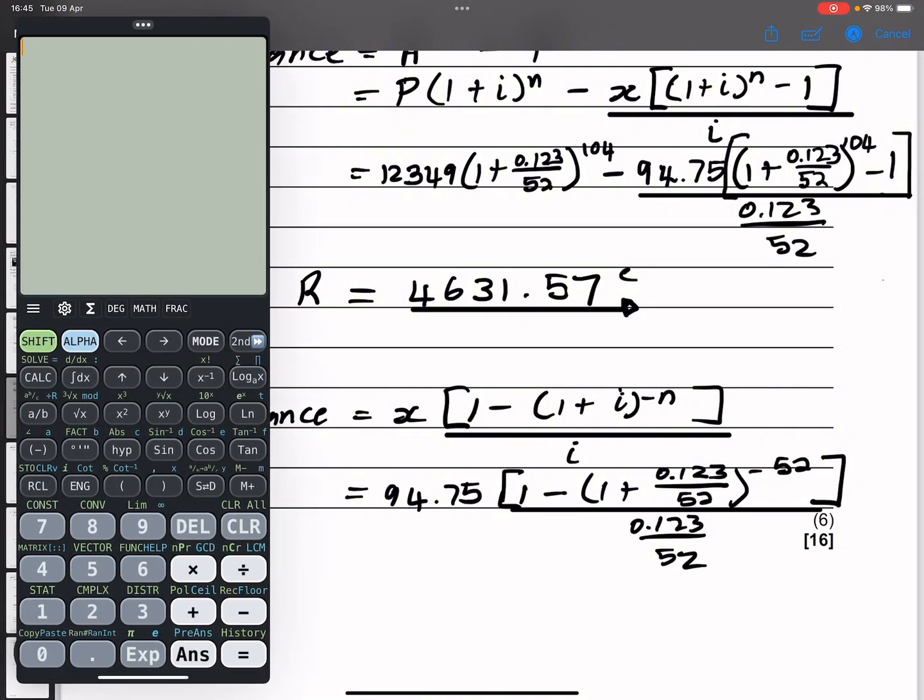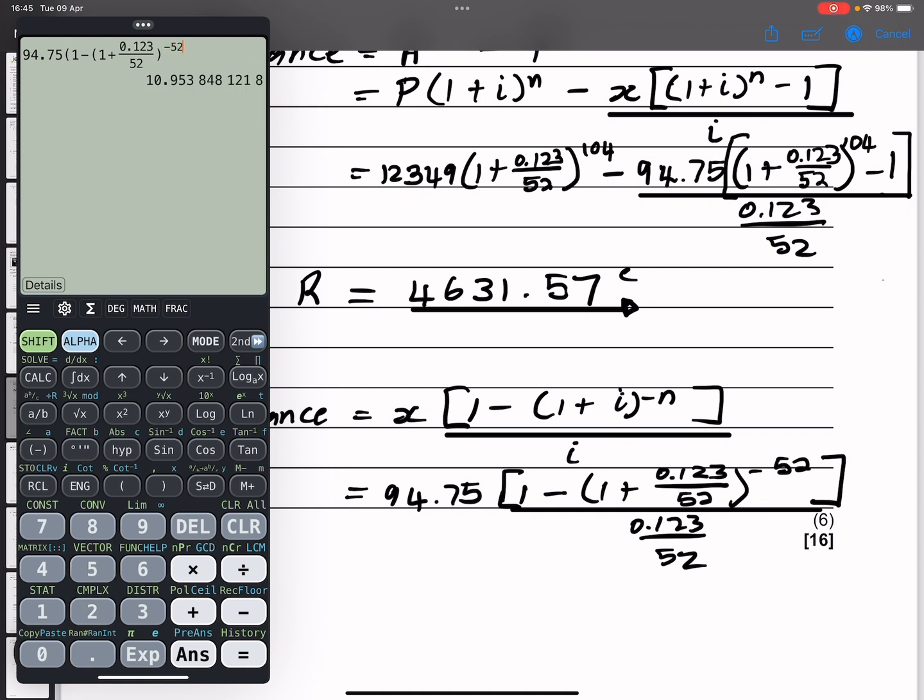So that's 94.75, and I'll say 1 minus, open that bracket, 1 plus 0.123 over 52, and we close that bracket, that's to the power of negative 52.